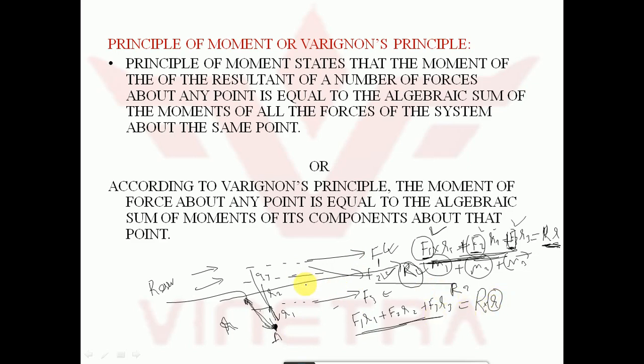Then it is called the principle of moments, or Varignon's principle. So in the next class we shall see how to derive or prove Varignon's principle and its application to solve problems. Thank you.